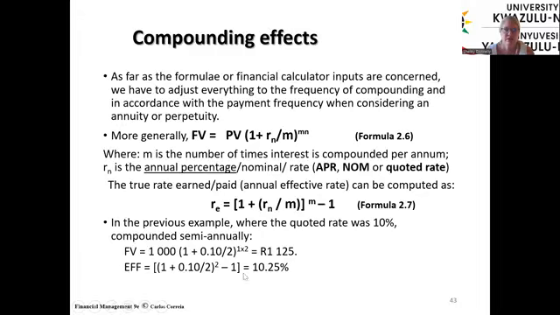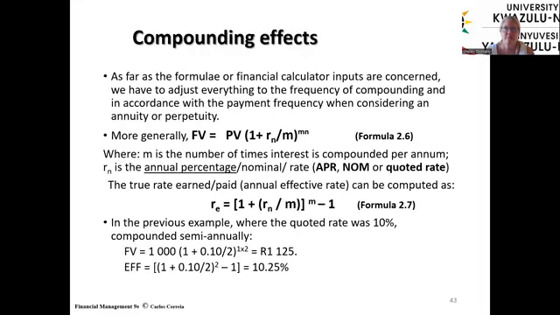It was 10.25%, which we work out by using the formula 1 plus our effective rate, our nominal rate of 0.1 divided by 2, because that's the number of times interest is going to be compounded in the year, to the power of 2, minus 1. Okay, so when interest is compounded annually, there will be no difference between your nominal rate and your effective annual rate.